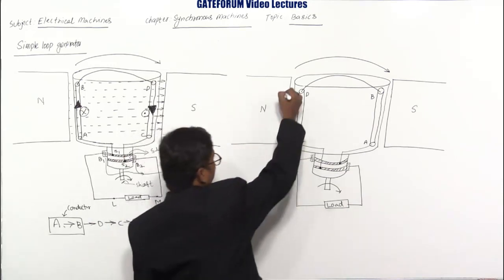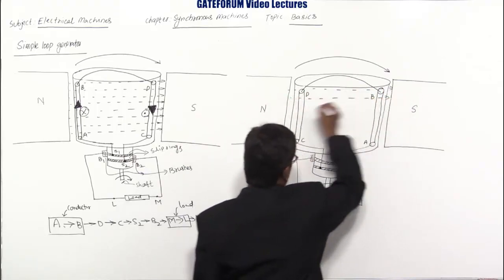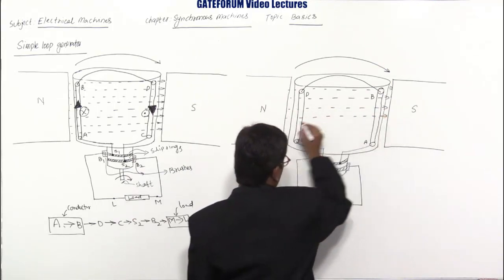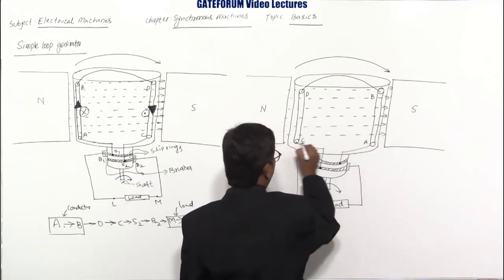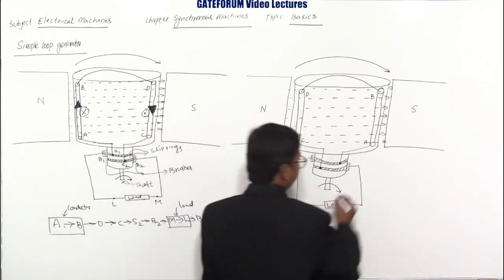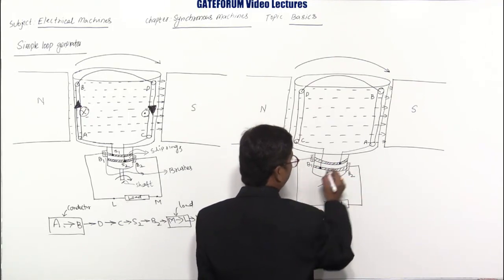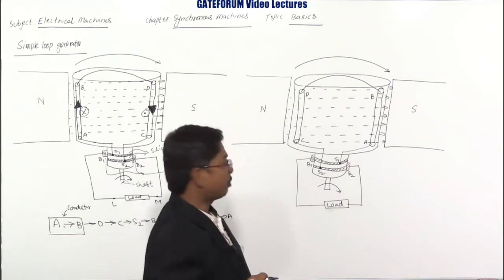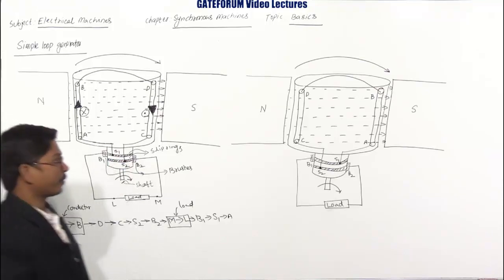The flux is moving from the north pole to the south pole again. This is brush B1 and this is brush B2. This is slot 1 and this is slot 2. Brushes are stationary, there is no movement in the brushes, but the slip rings will move their position.